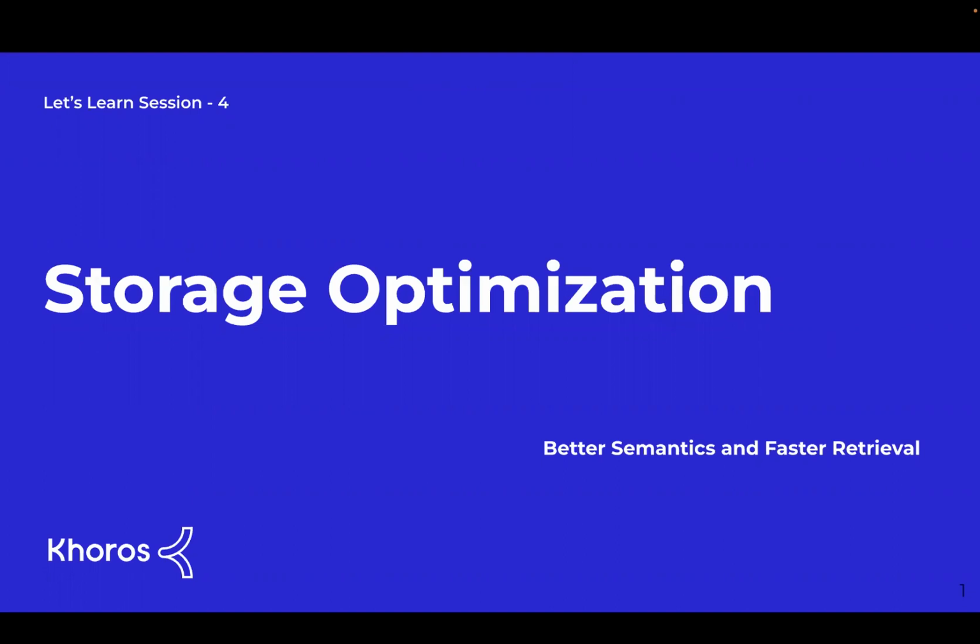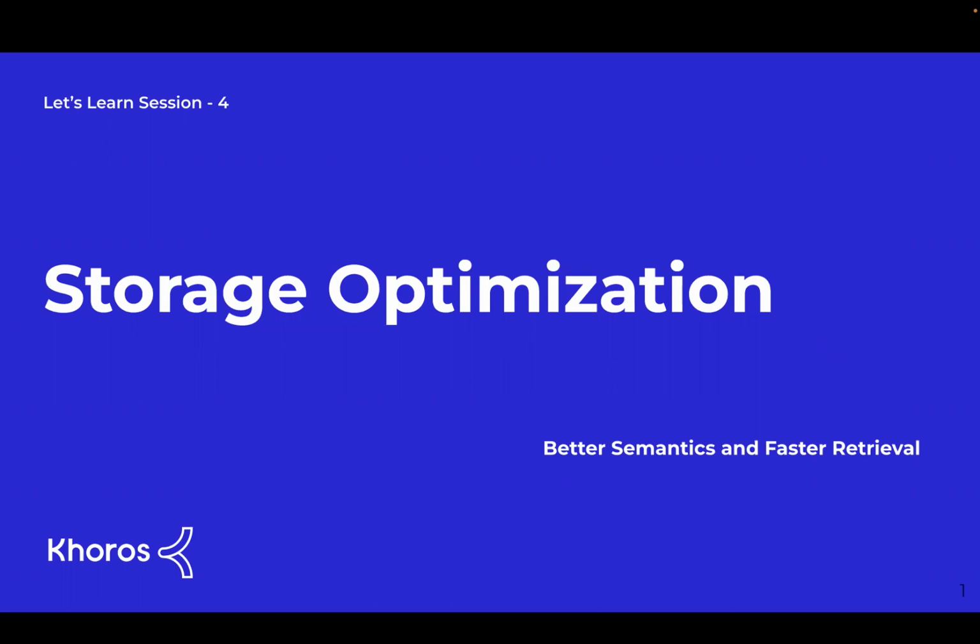The topic for this is storage optimization, which is necessary when we are dealing with use cases like a search engine, where we are supposed to store the embeddings, which are of the size maybe 512 or 768 or more than 1000, depending on the hidden states of the transformer models that we are using.